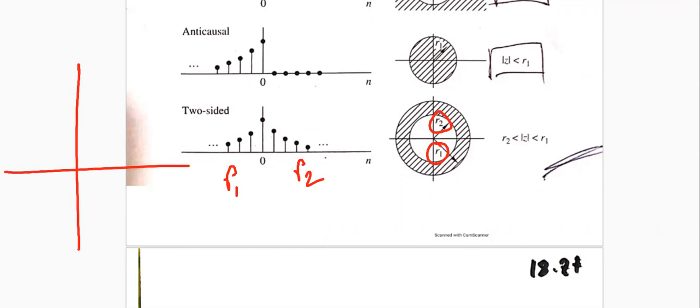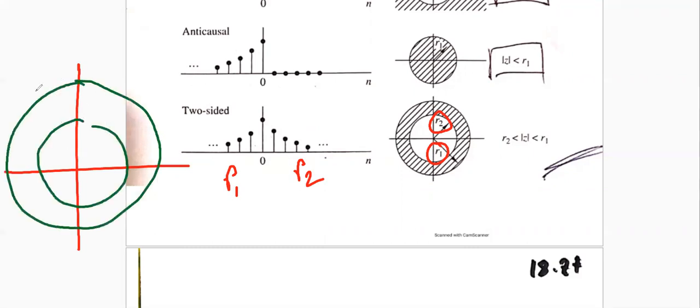So I have drawn two circles, where the first circle represents R2. Yes, this is R2, and the second circle, let me choose another color, represents R1.